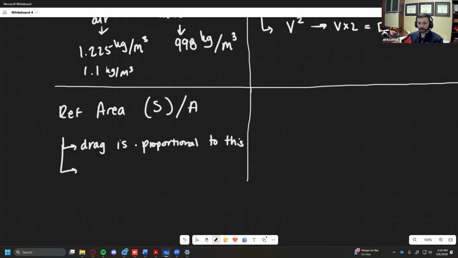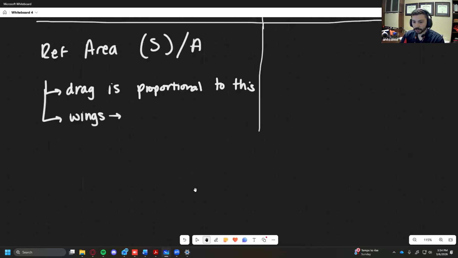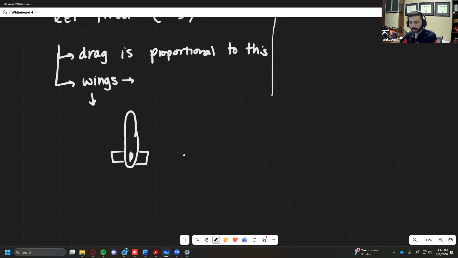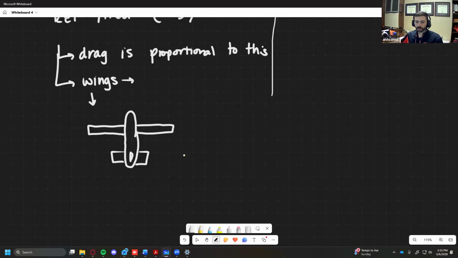And if we have a wing, for wings, the way that it's going to be defined is actually from something called a planform view. So with a wing, actually, I'll do it here. If you have your breadstick flying along, with a tail, a vertical tail, and a wing, the reference area is actually going to be this area.